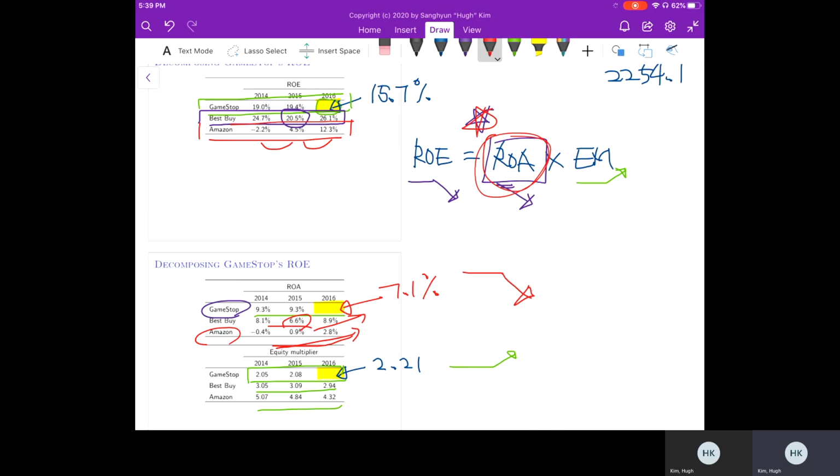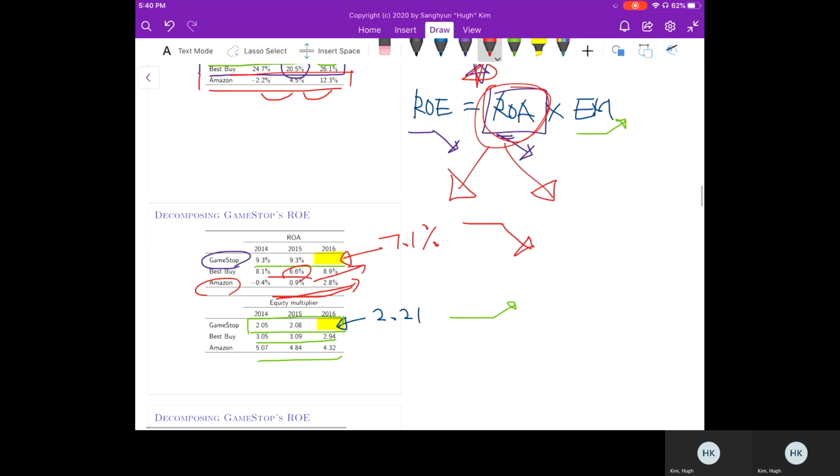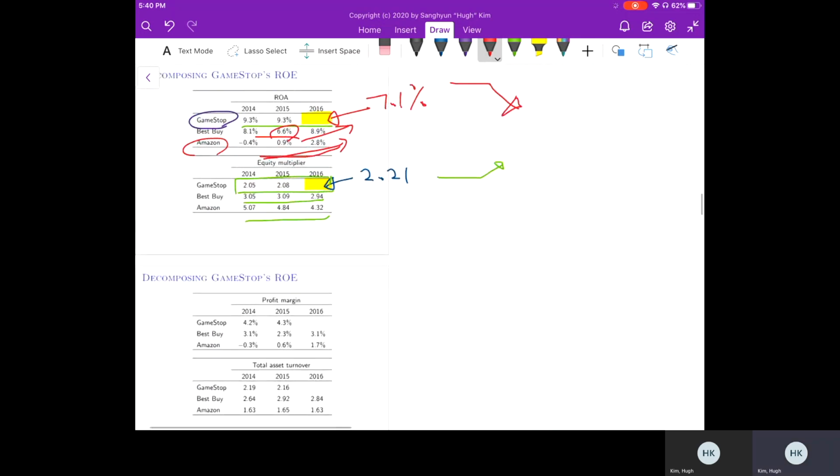So we're going to decompose this further to better understand what is wrong with GameStop's operations. So we're going to decompose ROA further.